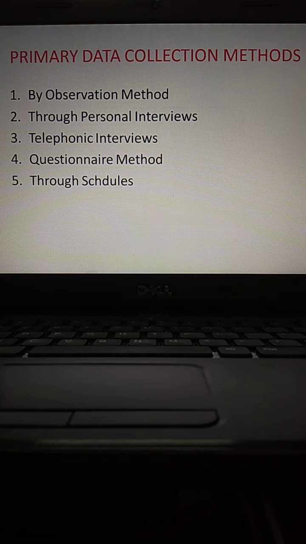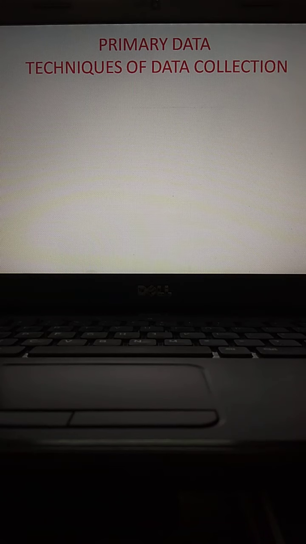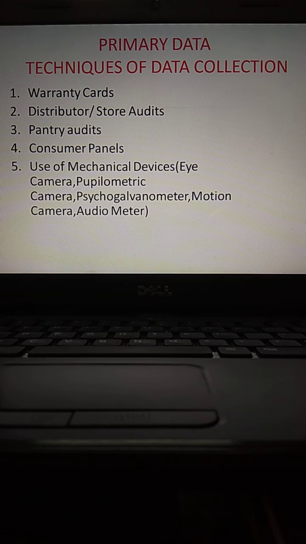What are those? The first one is the observation method, then personal interviews, telephonic interviews, the questionnaire method and the schedules. So these are some of the techniques through which one can easily have primary data, like warranty cards.